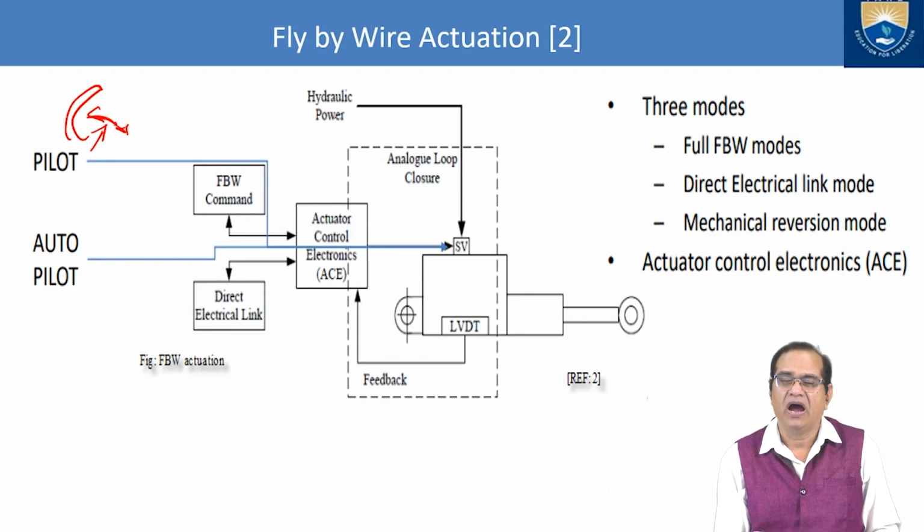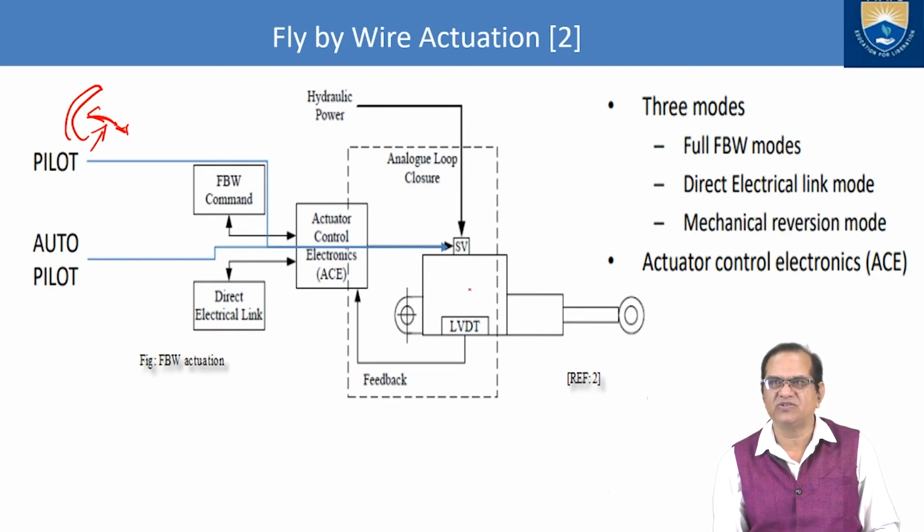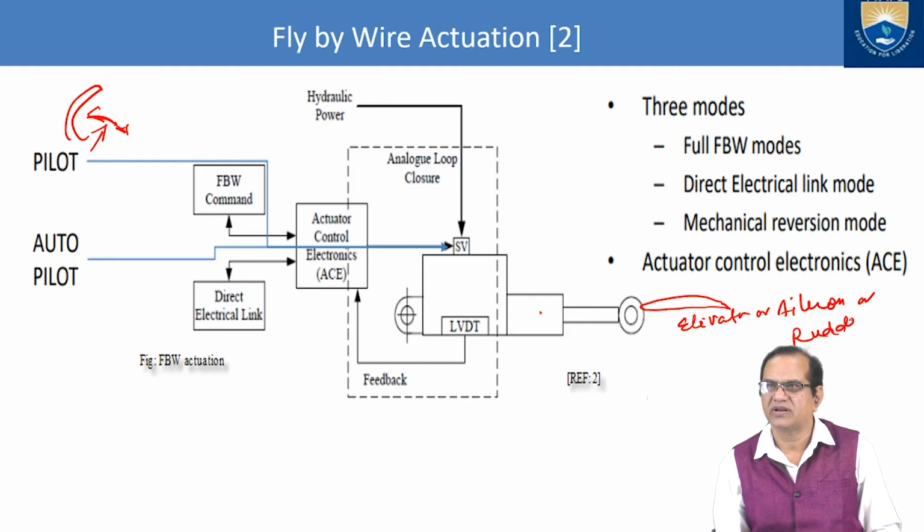Then this hydraulic power is given to this servo, and here is an LVDT. This LVDT will give motion to this rod, and here is your control, it may be the elevator or aileron or rudder and any other things.